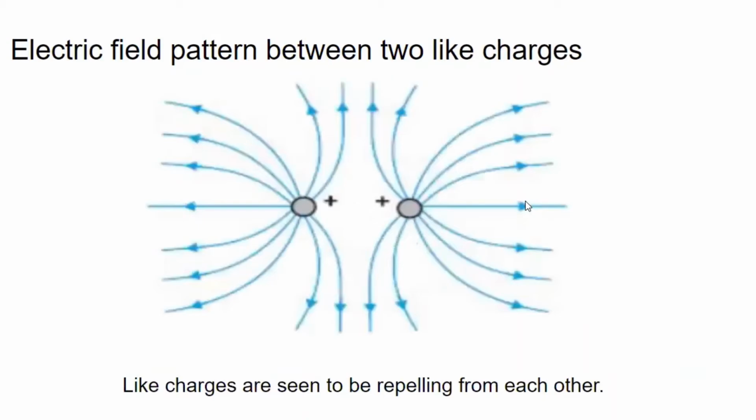And between two like charges, they are seen repelling from each other. They don't touch at any point and move in the opposite direction from each other. Keep in mind that in any electric field pattern, the lines never touch. And when you are asked to label an electric field, make sure to never make your lines touch.